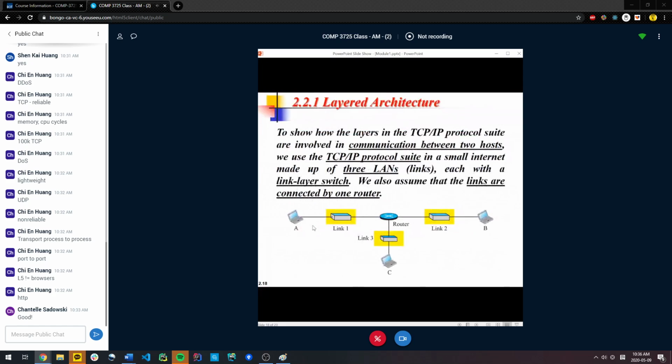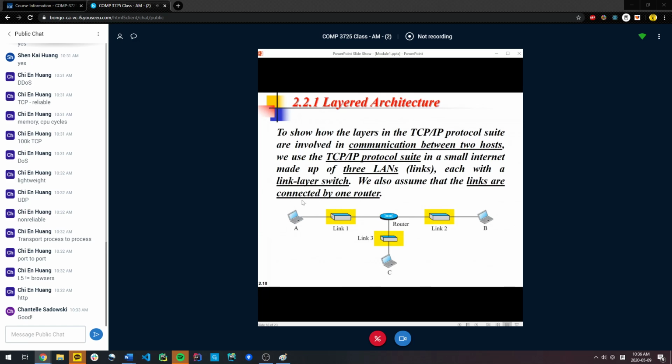And I want to show you an example now of what it means with this layered approach. In this diagram, if you can follow me, there are 3 entities in terms of end users: A, B, and C. In fact, there are 3 networks here, because you'll see there's a router in the middle.